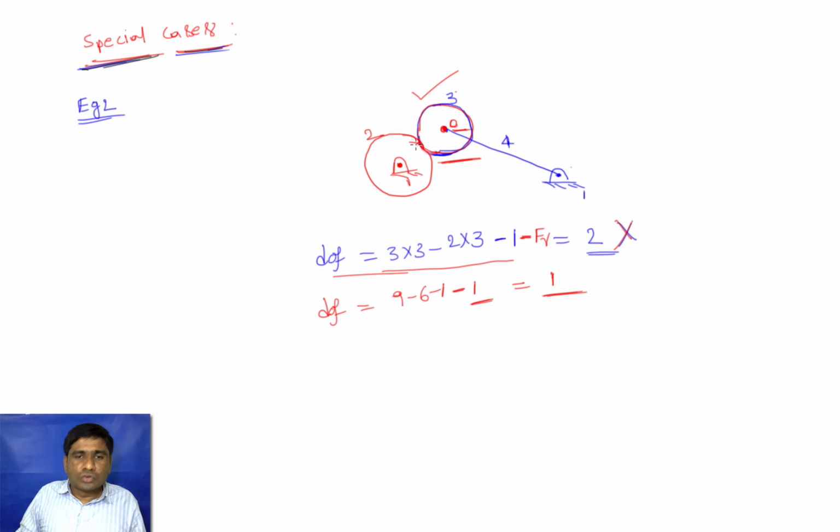So here disc 2 also becomes a redundant link in this case, and here we have 2 redundant links. So we need to observe any given mechanism carefully, whether any redundant link is there in the given mechanism.